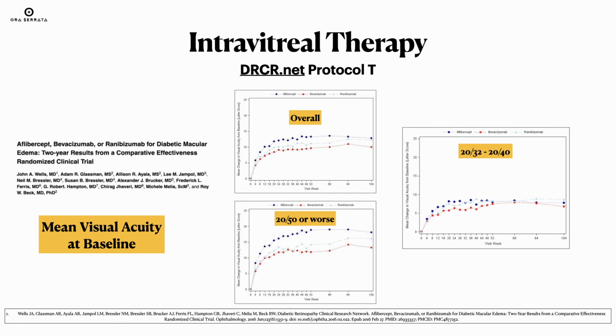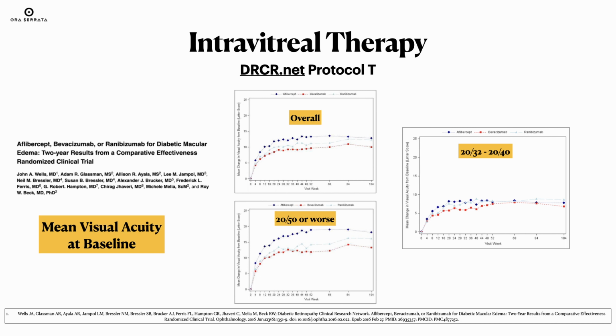A study in the drcr.net, protocol T, initially compared aflibercept versus bevacizumab versus ranibizumab for diabetic macular edema. In this case, they found that overall aflibercept, bevacizumab and ranibizumab had more or less equal visual gains.